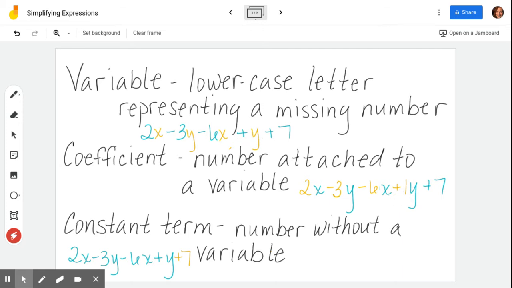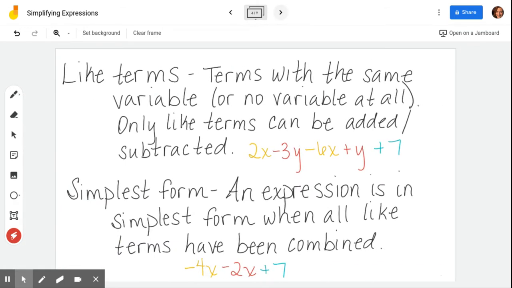And then this one, this plus 7, is not considered a coefficient because there was no variable with it. That's called a constant term. A constant term is just a normal number that did not have a variable. Like terms are terms that have the same variable or constant terms with no variables at all.